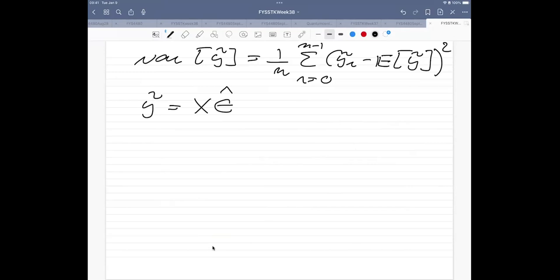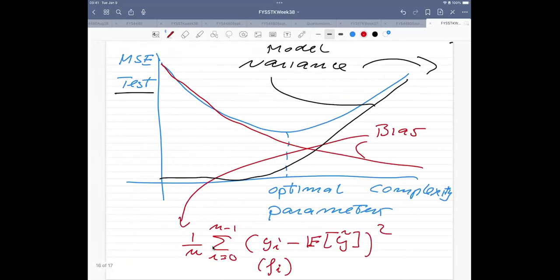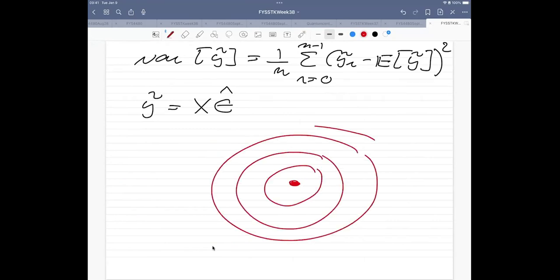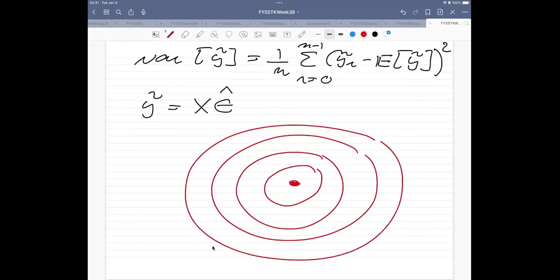Now, let's look at a data set. And you will find the same data set or example in the lecture notes. So suppose you have a target here. This is your target, this is the one you want to reproduce. So that means that that is this value here. So we want to reproduce that one. And now, suppose we have these circles. You can think of this as a shooting target, if we want to be a little bit more violent here.